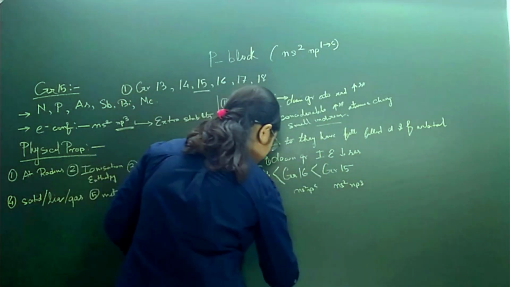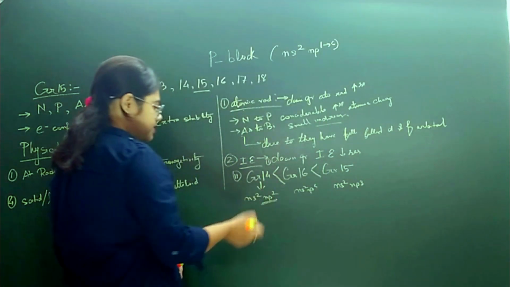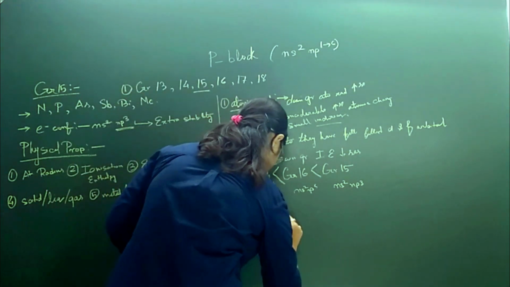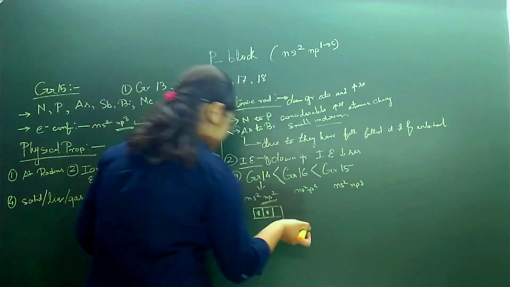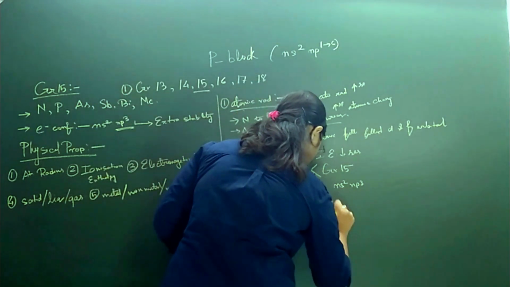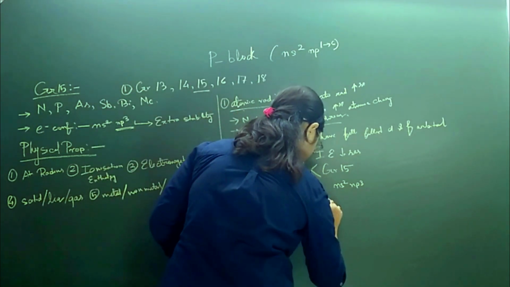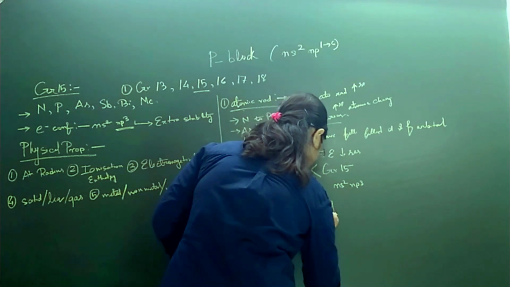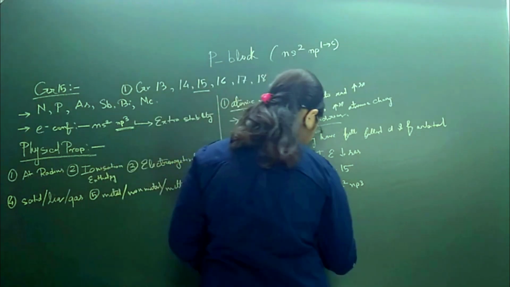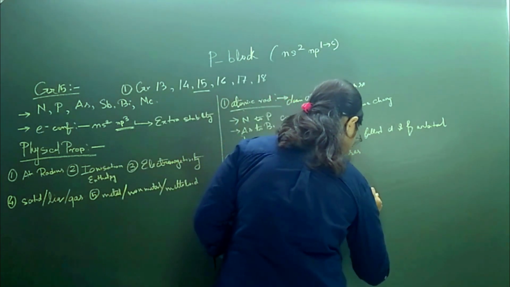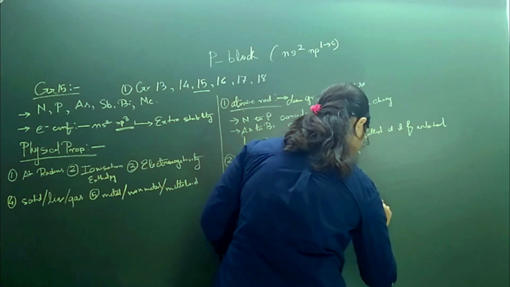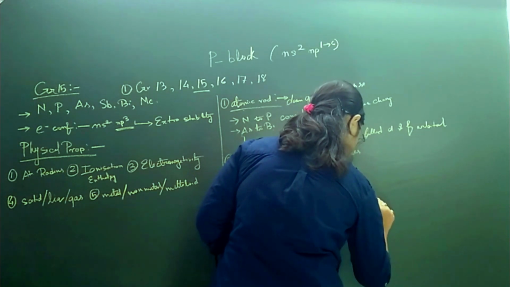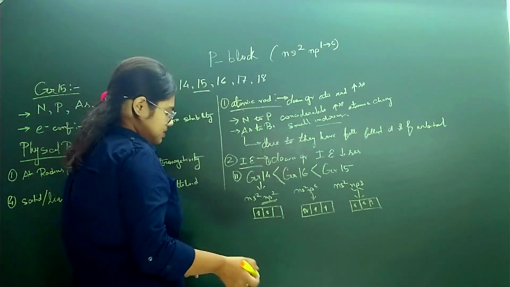Here 2 electrons are in the p orbital, here 4 electrons in the p orbital, and here 3 electrons in the p orbital.